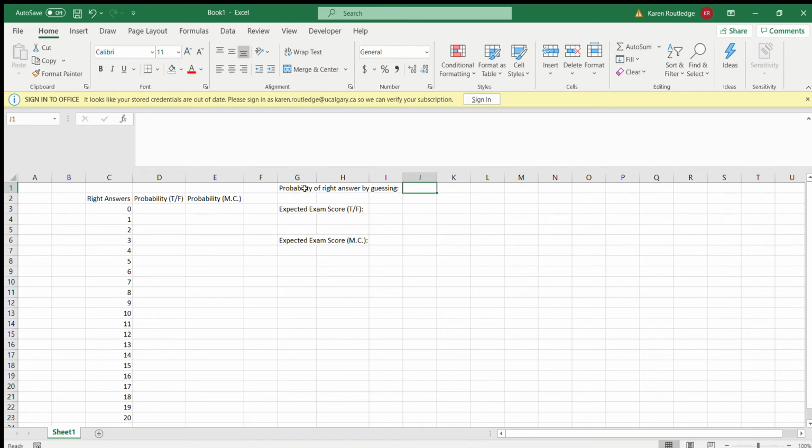So there's a probability of getting a right answer for any of the questions, which is 1 out of 2. So there are 2 possible options. They will guess one of them. So there is, unsurprisingly, a 50% chance of getting the right answer purely by guessing. And that is the case for each of the 20 questions.